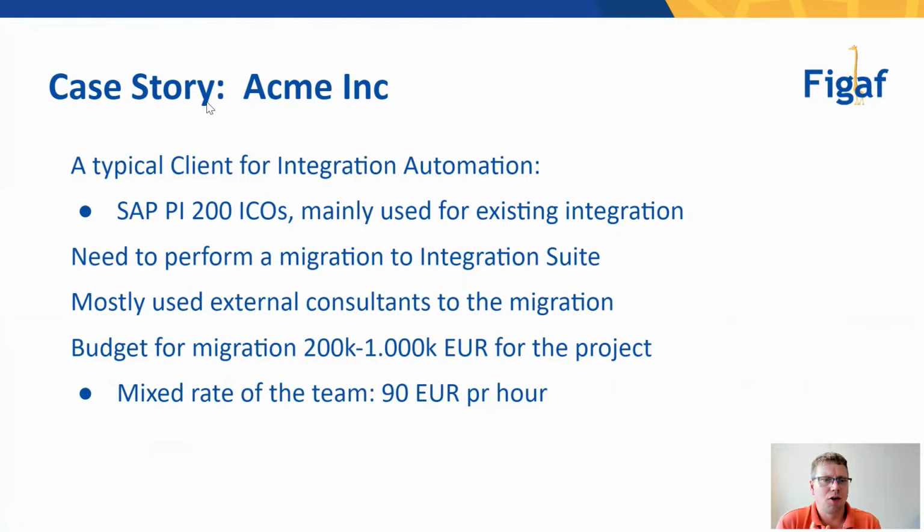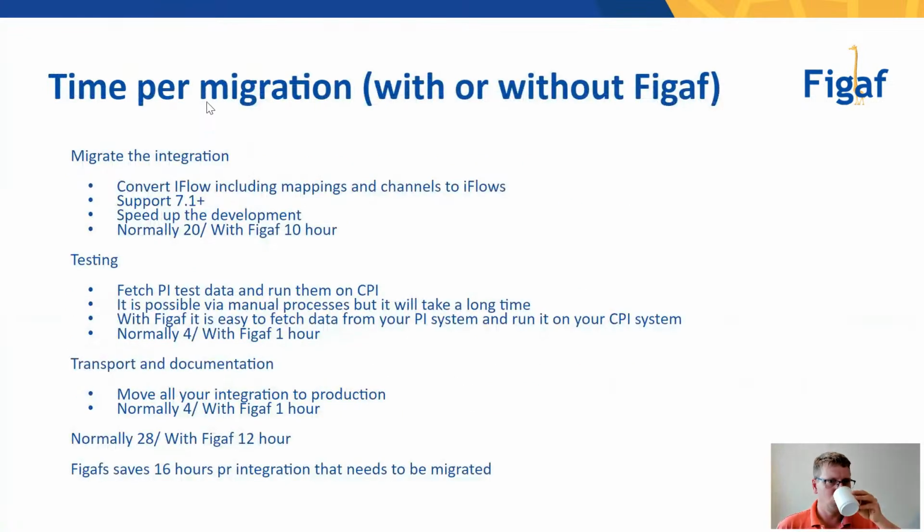I have heard budgets or proposals for these from anywhere from 200,000 to 1 million euros for the project. And I guess a lot of times you would be using some external consultants to work on these scenarios because, well, it is not core. It is just a lot of work that you need to perform for this to work.